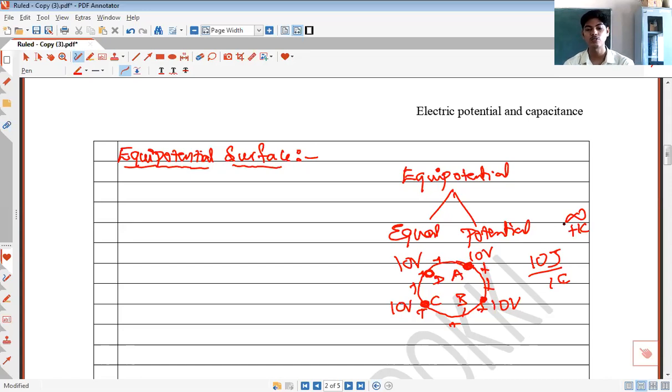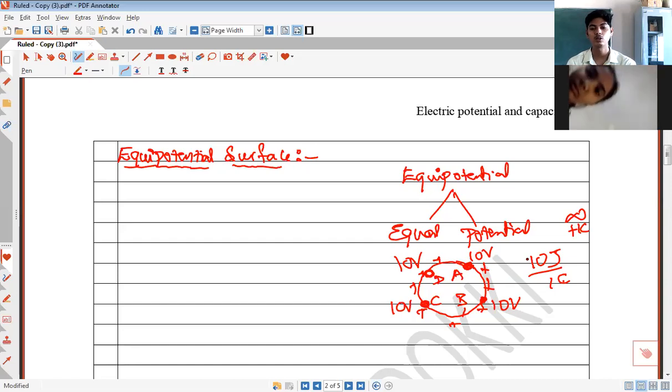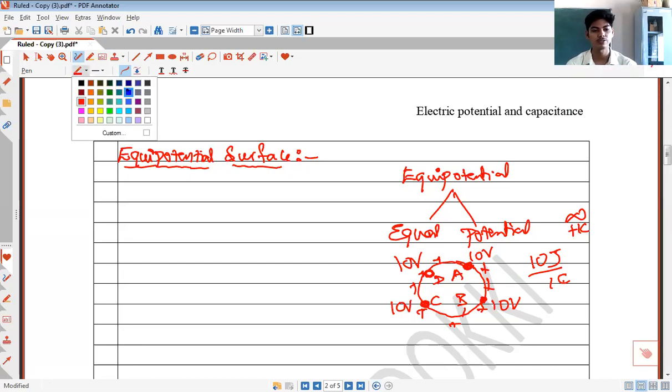In order to move a charge of 1 coulomb from infinity to point B, again you are doing 10 joules of work. In order to move a test charge from infinity to point C, you are again doing 10 joules of work, and so on. So how do you define an equipotential surface?